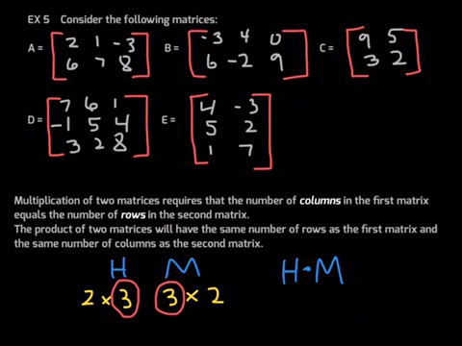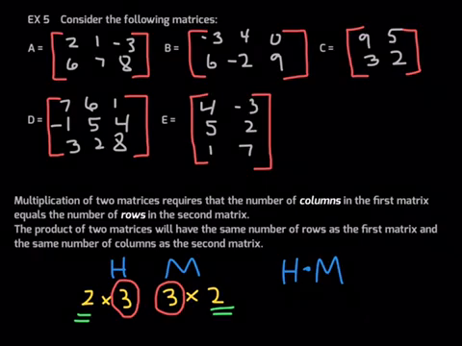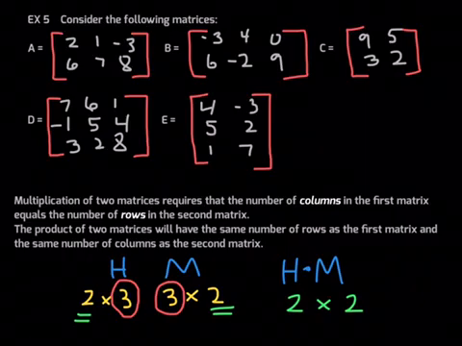Well, it'll be the same number of rows in the first matrix by the same number of columns in the second matrix. So for this example that I'm making up right now, the order of the product will be a 2 by 2. That many number of rows by that many number of columns. Okay? I'll reiterate that each time we do a problem for this example.